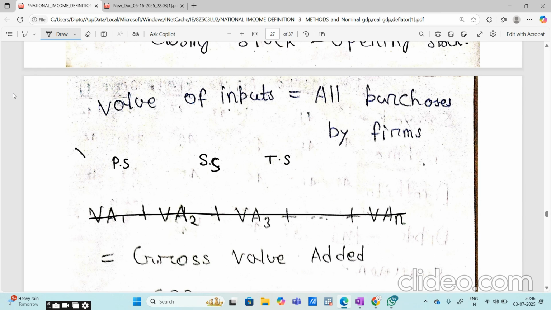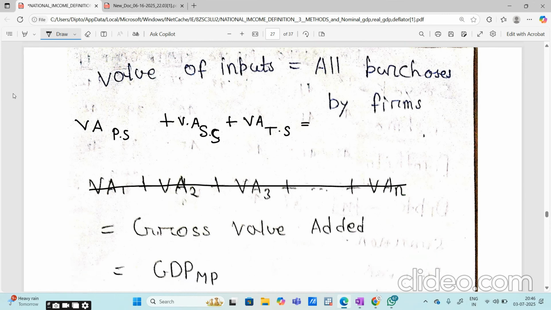If I find the entire value addition done in the primary sector, plus the entire value addition done by the secondary sector, plus the entire value addition done by the tertiary sector, I will get gross value added, which is also known as GDP at market price.